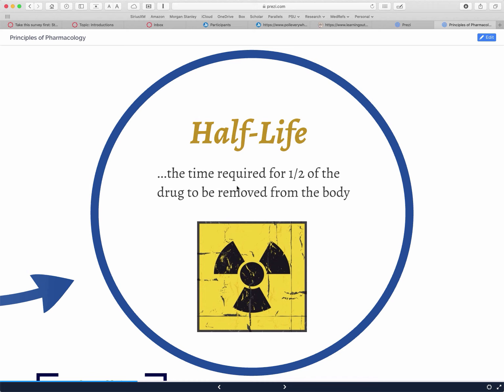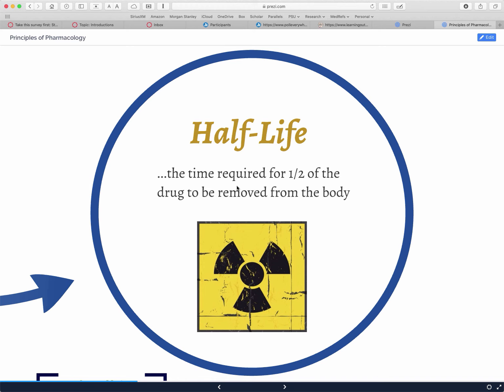So if I give 500 milligrams of a drug and it has a 1 hour half-life, how much drug will I have left at 1 hour after the initial dose? Well, it's going to be half of that, right? Because it has a 1 hour half-life. So the 1 hour period of time, I'm going to go from 500 milligrams to 250 milligrams still in the body. How about an hour after that?